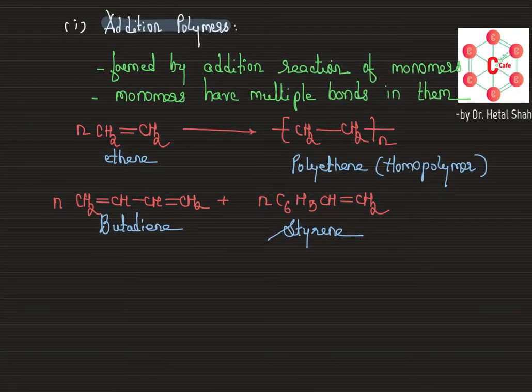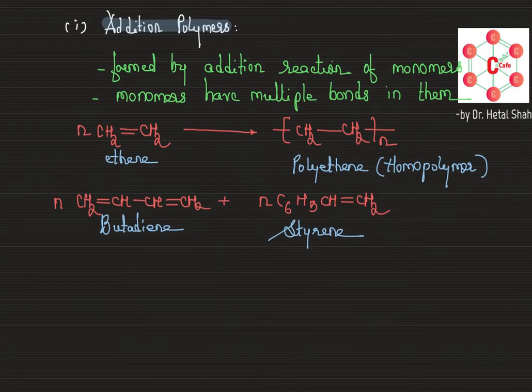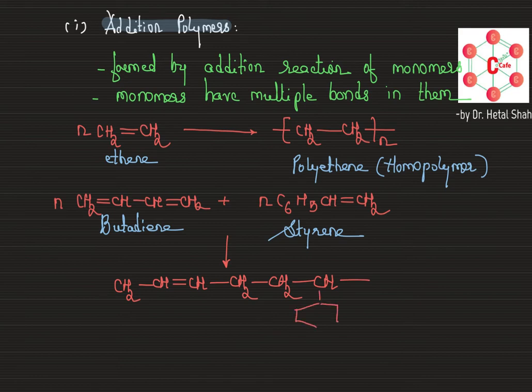Now the polymer which is formed here goes like this. It's CH2 CH double bond CH CH2, and then we have CH2 CH, and then there is this benzene ring C6H5, n times.